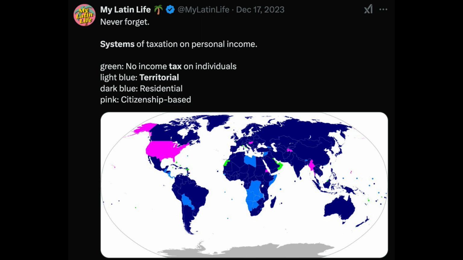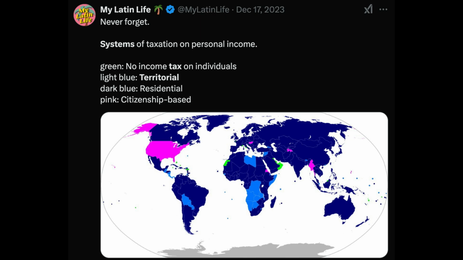And then the United Kingdom, while not strictly territorial, has elements of this system, especially post-Brexit considerations for competitiveness. However, UK residents are taxed on their worldwide income, though there are allowances and reliefs.